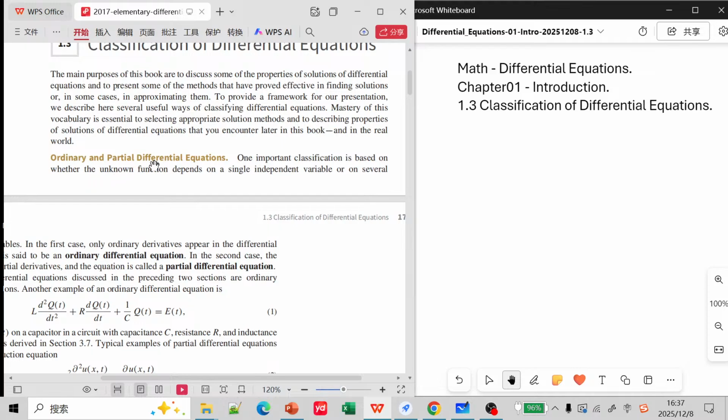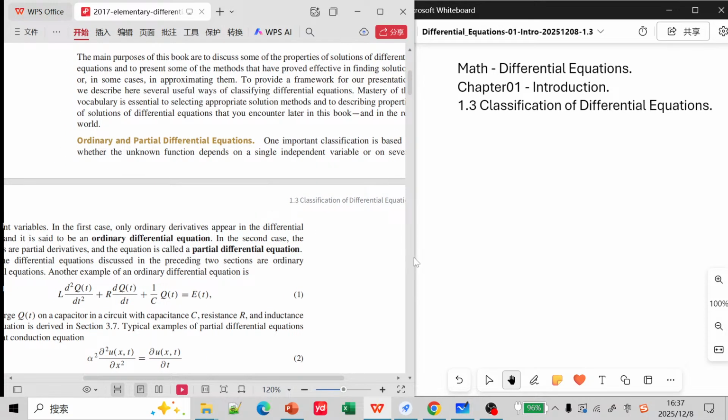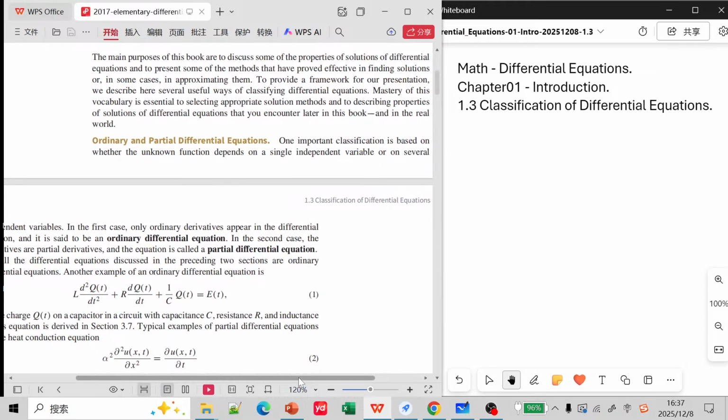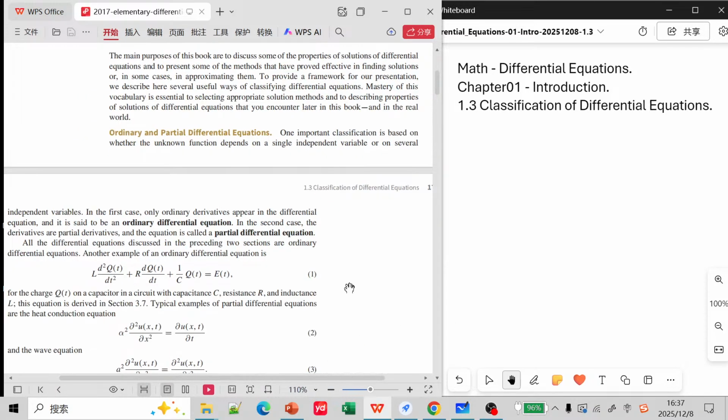Ordinary and partial differential equations. One important classification is based on whether the unknown function depends on a single independent variable or on several independent variables.